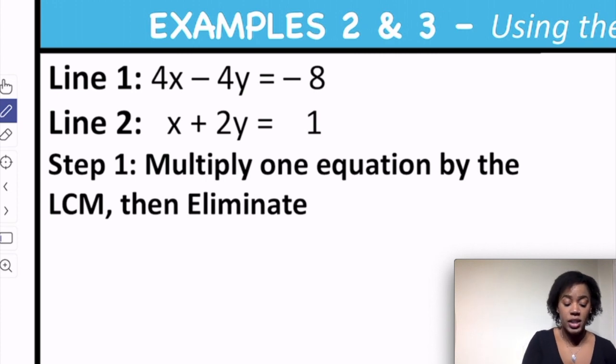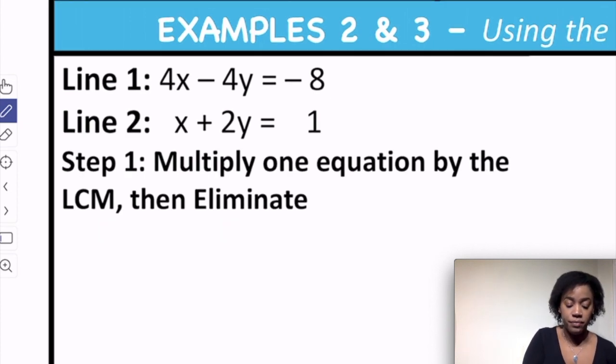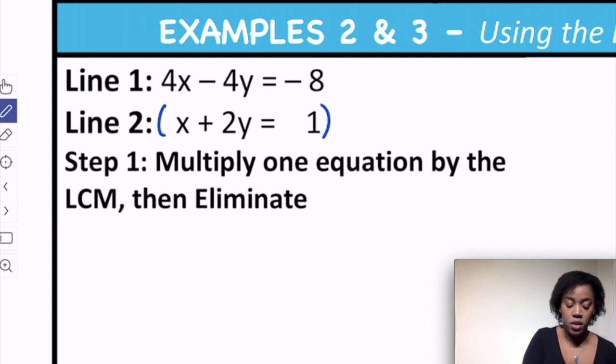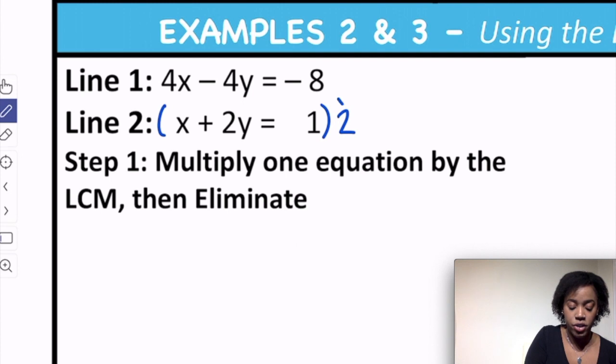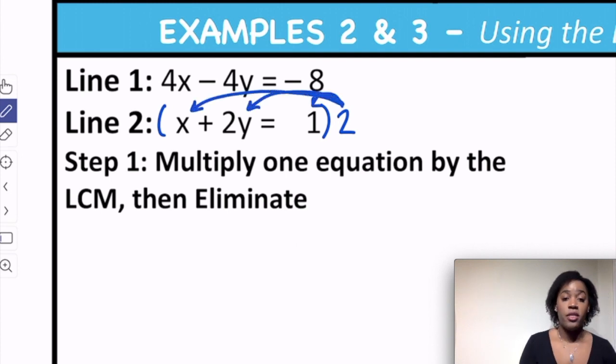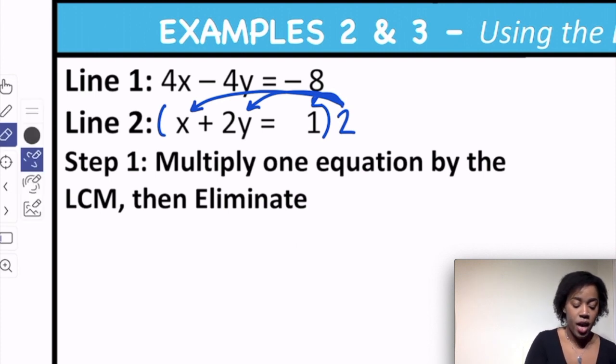I'm going to take the second equation and multiply the entire equation by 2. If I'm multiplying every single term by 2, I'm going to use the distributive property to show that I'm multiplying every term by 2 and make sure I don't forget anything.